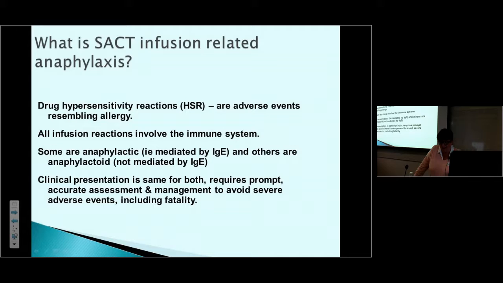Hypersensitivity reactions are adverse events resembling an allergy, and anaphylaxis really means without protection, without immune protection, and is a serious allergic reaction which can have a rapid onset. The reactions can be anaphylactic or anaphylactoid, and I'm going to try and explain a very brief, simple explanation.